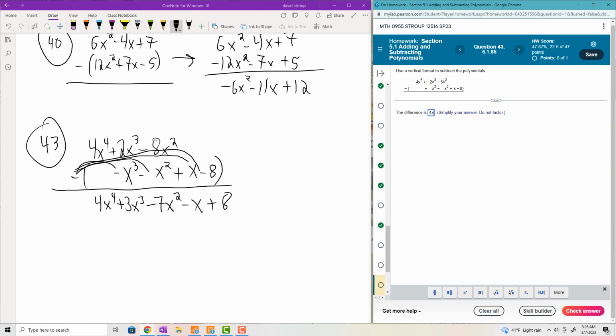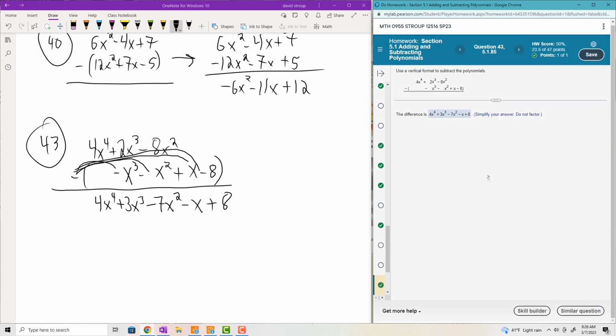So 4x to the fourth plus 3x to the third minus 7x to the second minus x plus 8. I have a feeling that's not going to be right, but oh yeah, I got it.